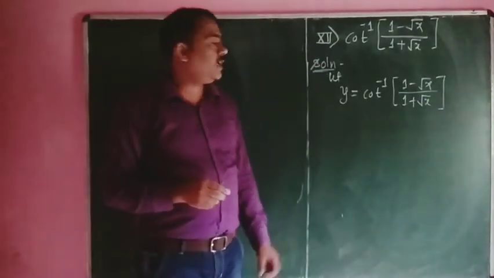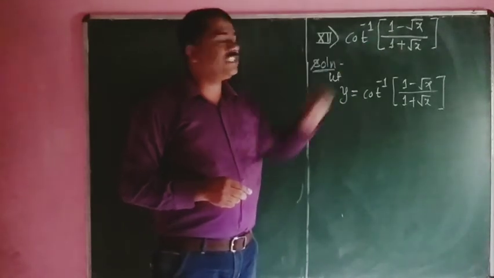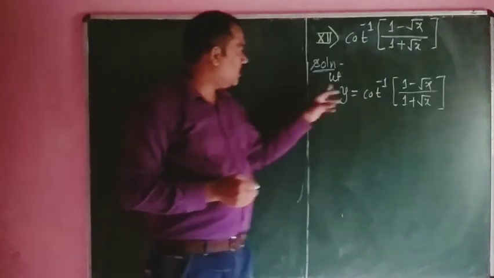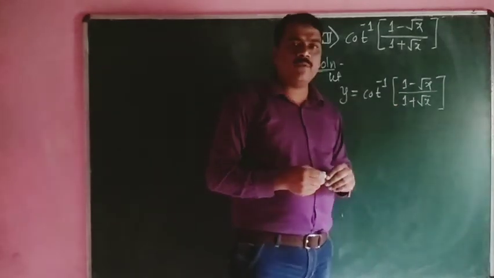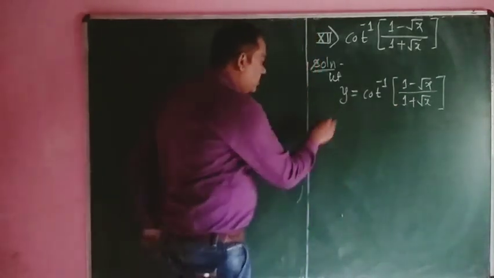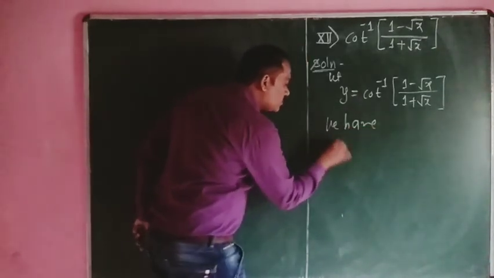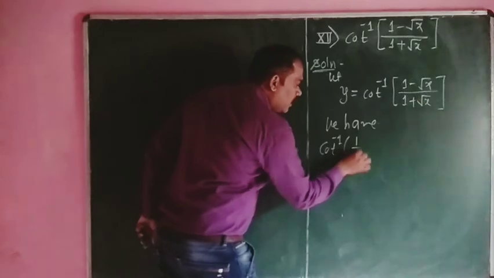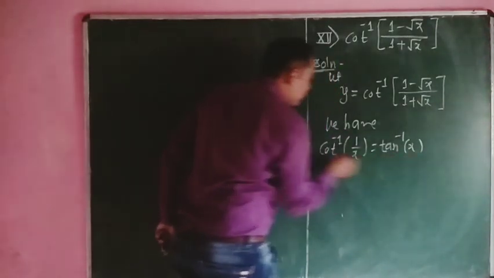From question number 9, example number 12 is cot inverse of 1 minus root x divided by 1 plus root x. Let y is equal to cot inverse of 1 minus root x divided by 1 plus root x. We know that cot inverse of 1 upon x is nothing but the tan inverse of x.